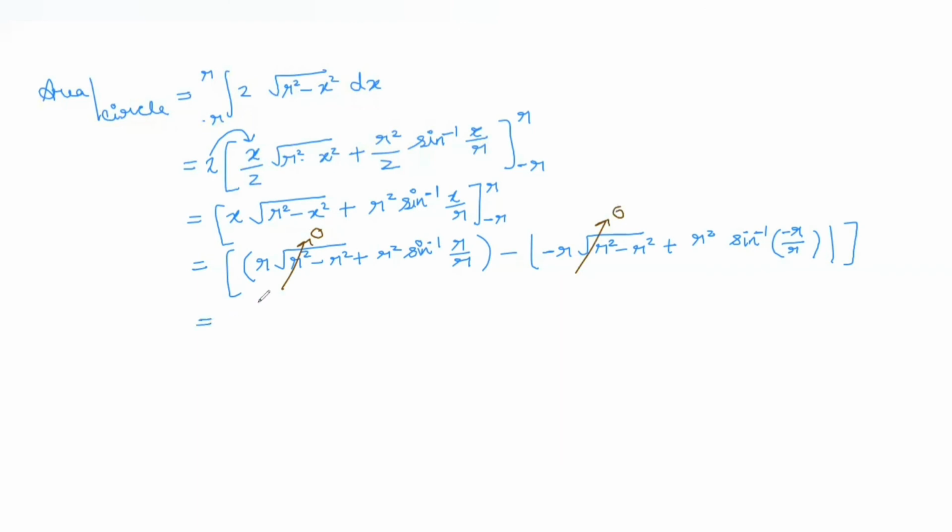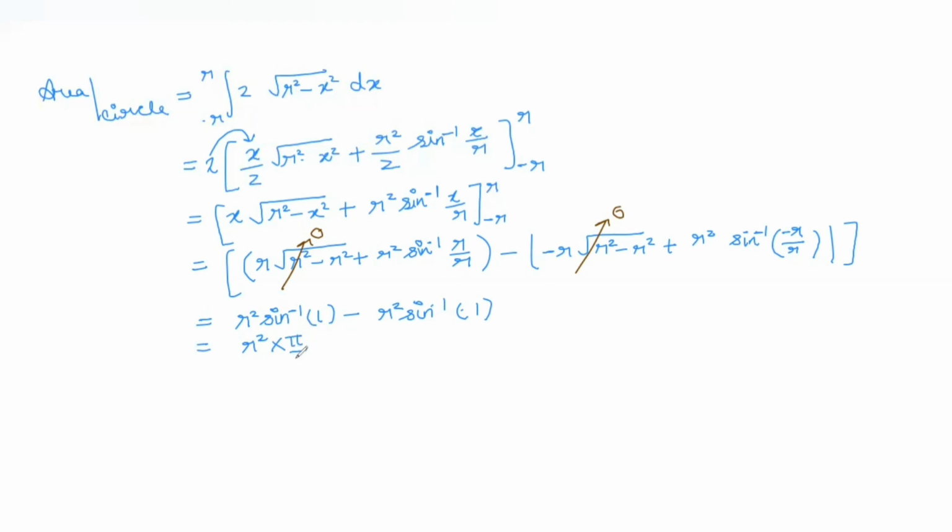Now evaluating further, we'll get r square sine inverse 1, as the r's cancel each other, minus r square sine inverse minus 1. Now sine inverse 1 is nothing but pi by 2.